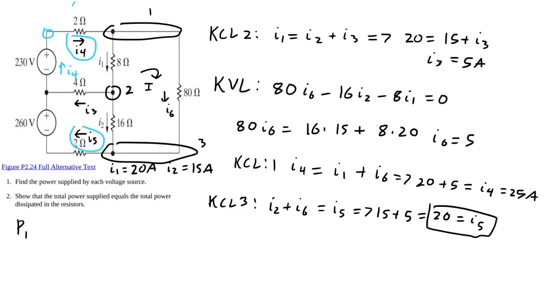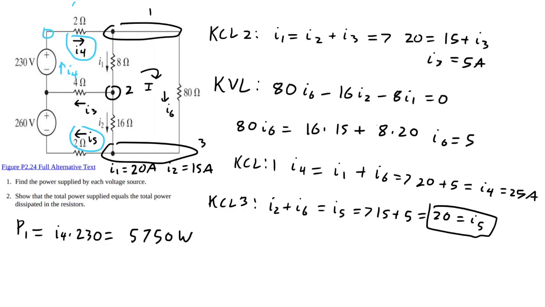Let's say that's P1. That's going to be I4 times 230. So we just calculated I4 is 25. 25 times 230 is 5,750 watts, or 5.75 kilowatts.